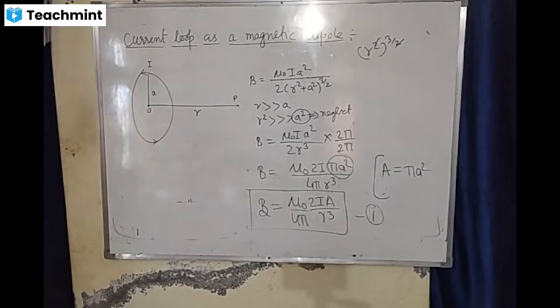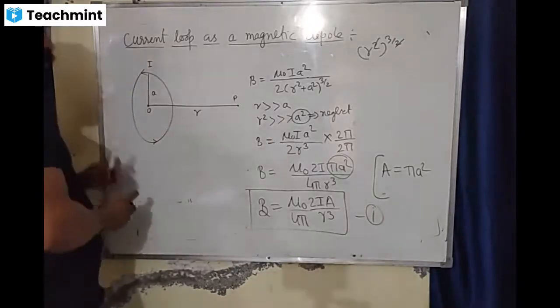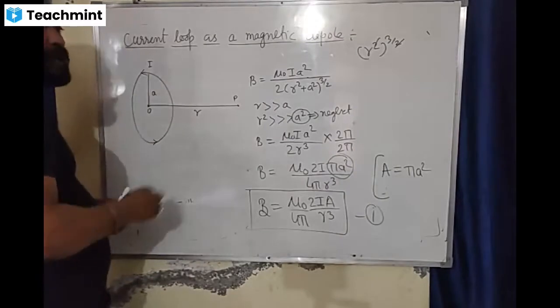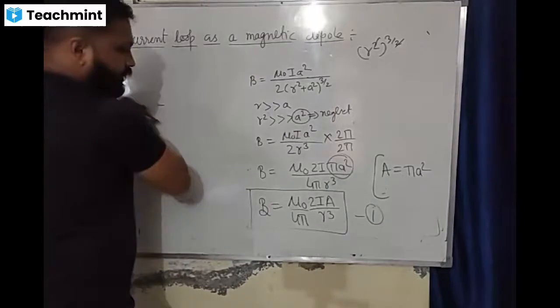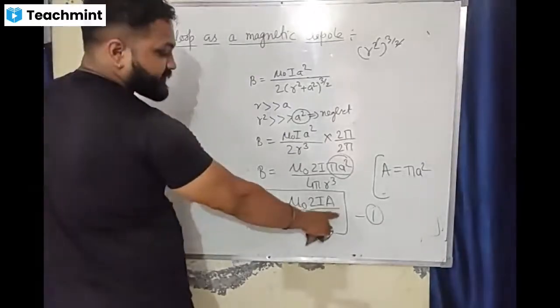Now, because we are comparing how the current loop will behave as a magnetic dipole, we can also discuss the electric field at the axial point due to a dipole. I hope you have noted this down.